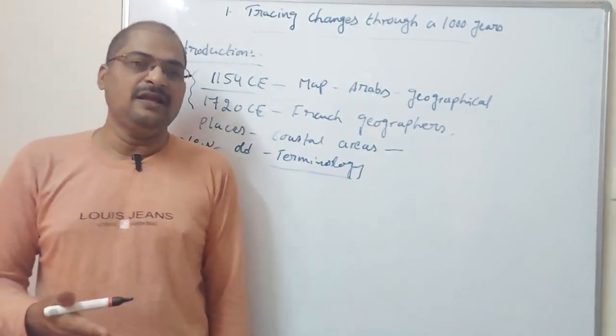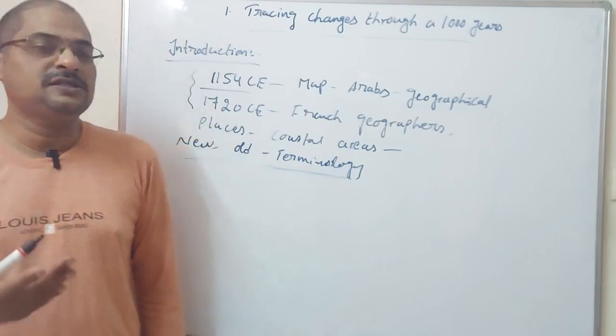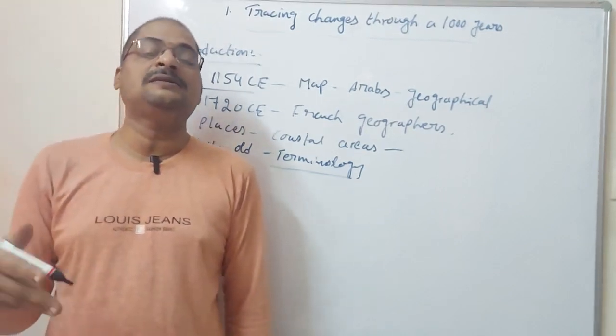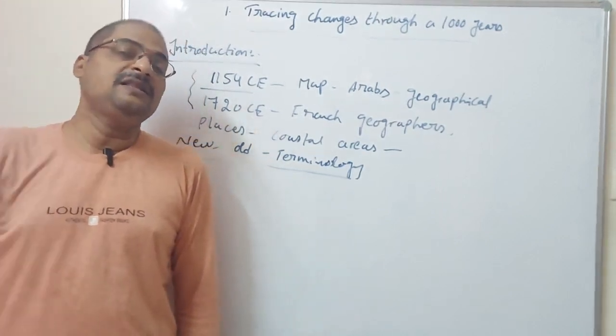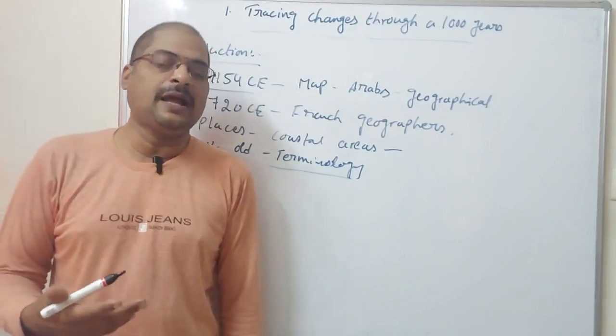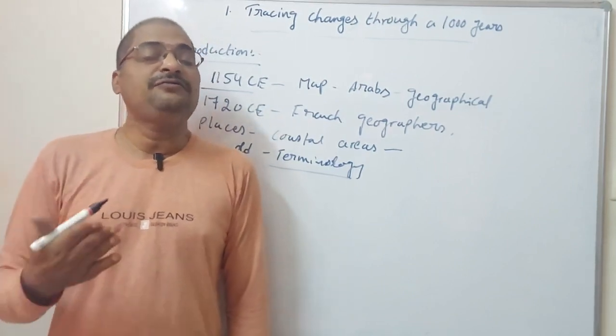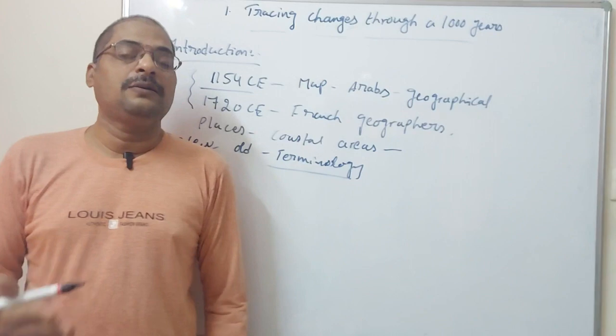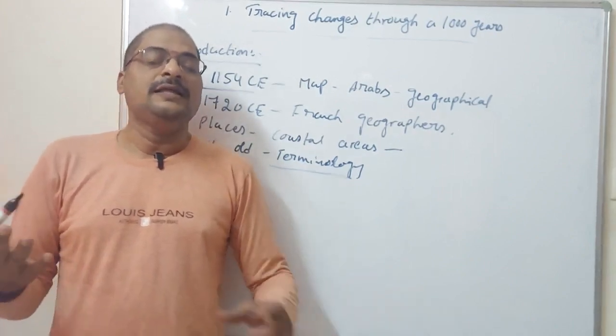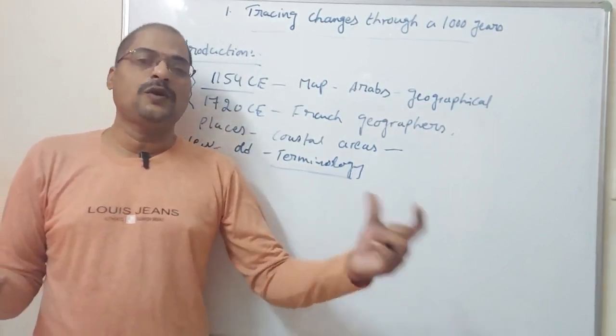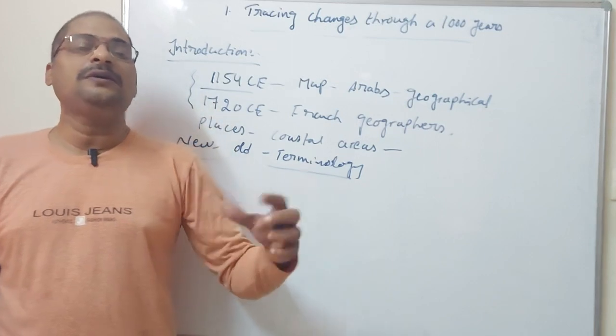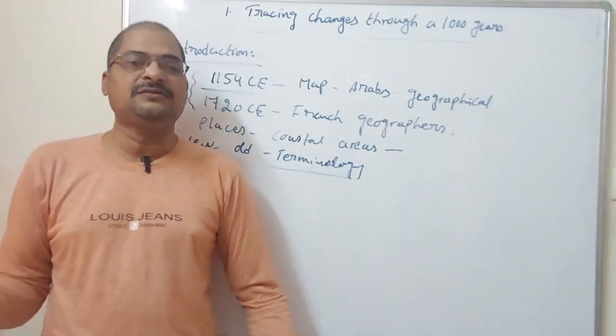Now we say Chennai, but in olden days we called it Madras, and previously Chennapatnam. So the names change with the days. They have different names.